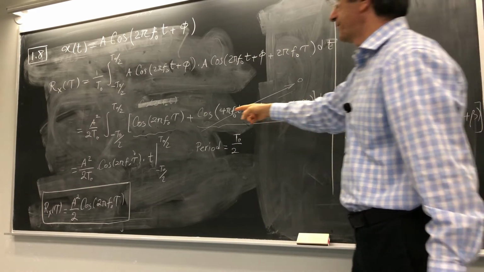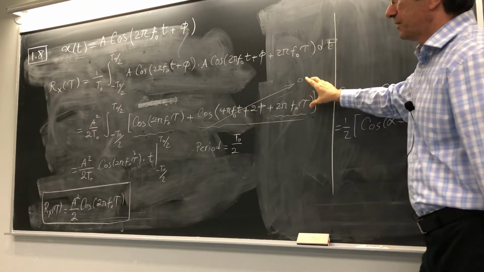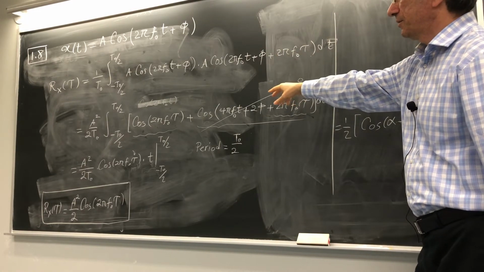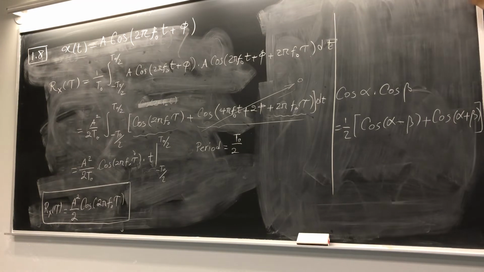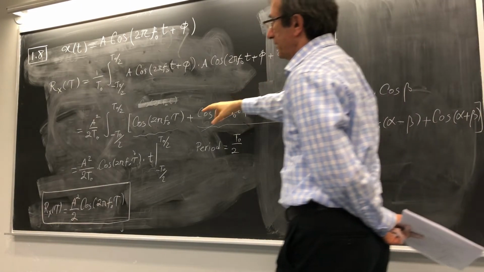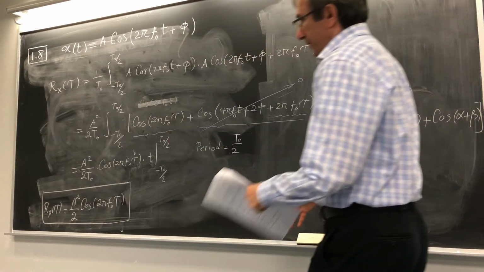Then, fortunately enough, this is a periodic signal. The integral of the cosine function will give us a 0 over an integer number of cycles, so this is 0, and this is a constant value.